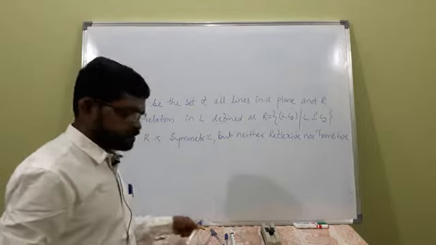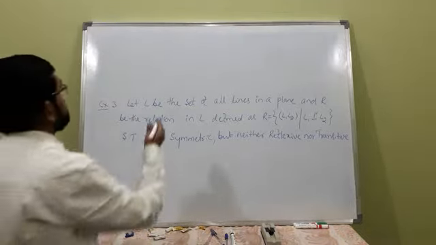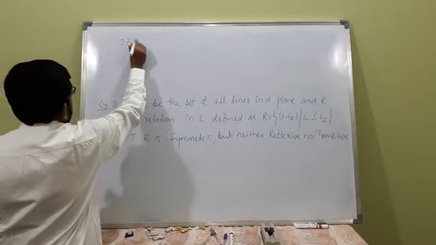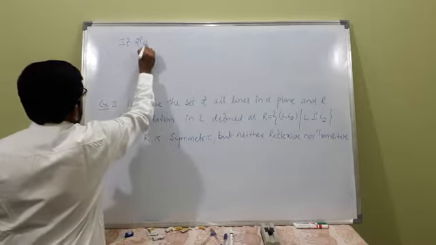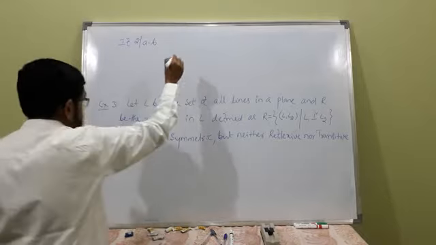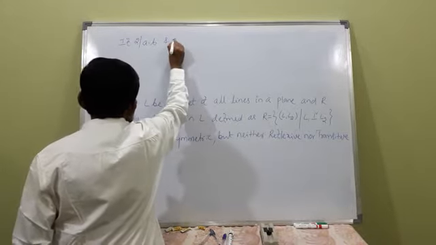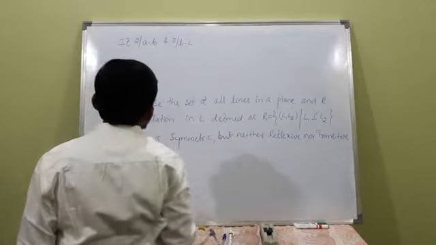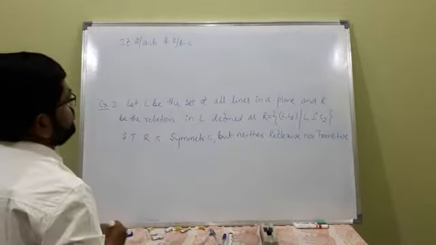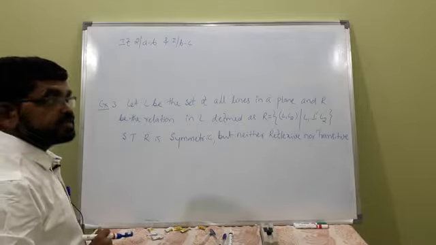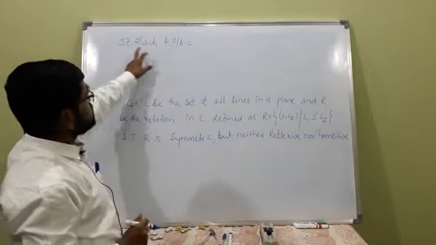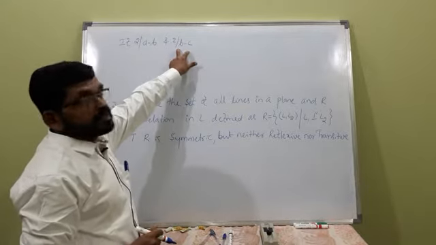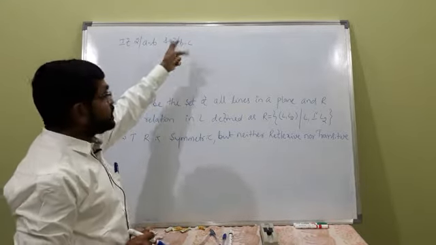To check the transitive property, if 2 divides a minus b and 2 divides b minus c, then what about a minus c? 2 divides a minus b means a minus b is even. 2 divides b minus c means b minus c is even.